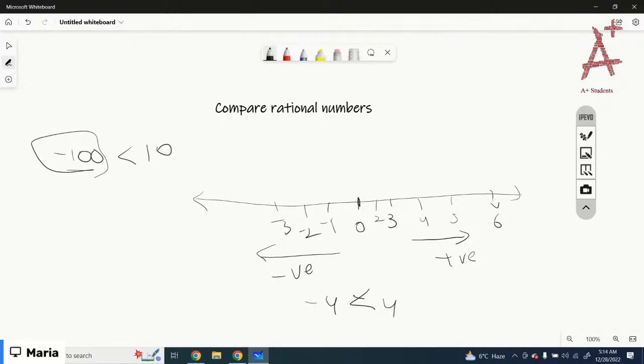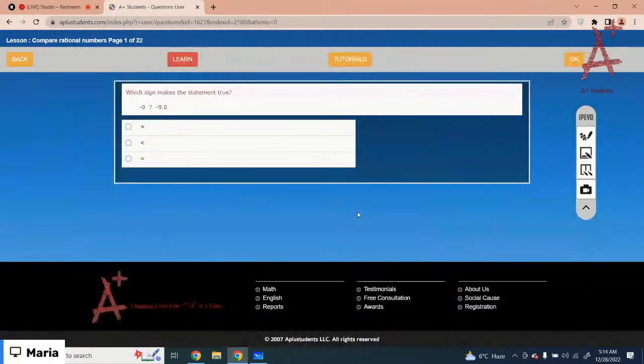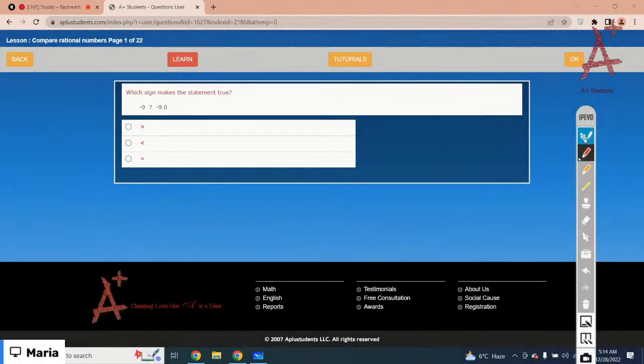Okay, let's just start with the test lesson. Let's just start with the test question. Okay, you have to compare negative 9 and negative 9.0. Which is the correct option? Less, greater, or equal? Both of the numbers are negative. Negative 9.0 equals negative 9.